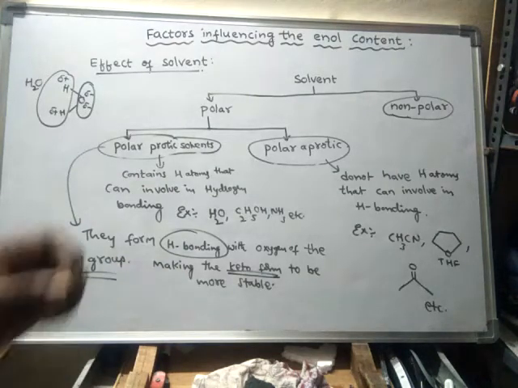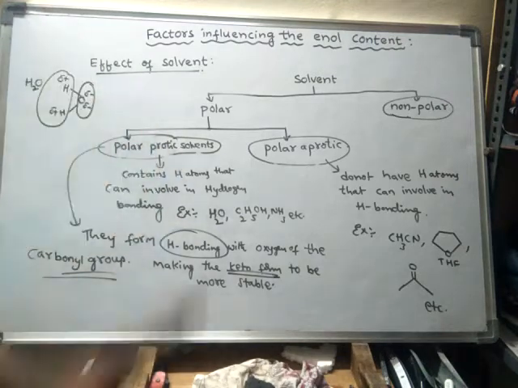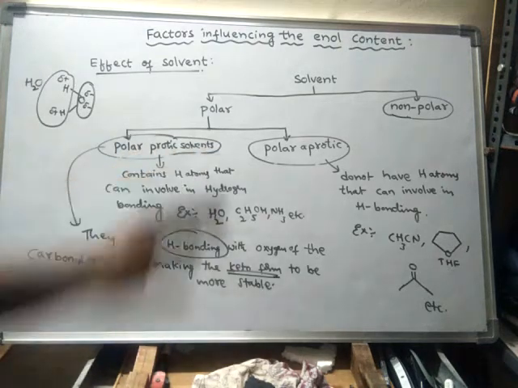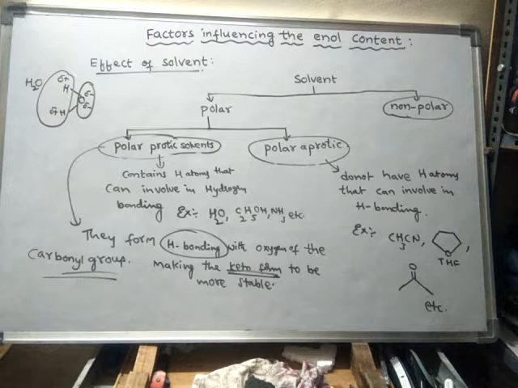Okay, that means when a tautomeric substance is kept in a polar protic solvent, then undoubtedly the substance will be present in keto form in a much higher percentage. A majority percentage of that compound will be in keto form.